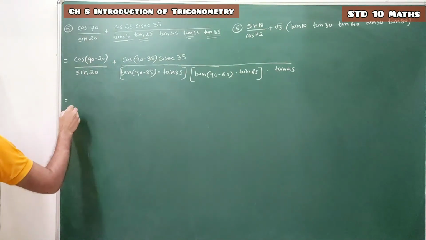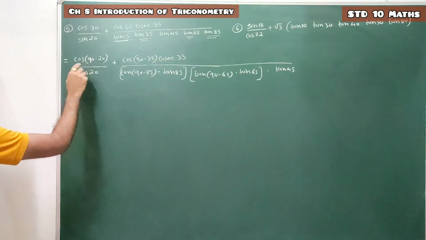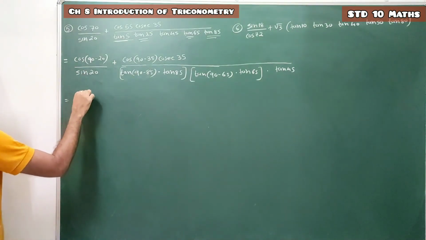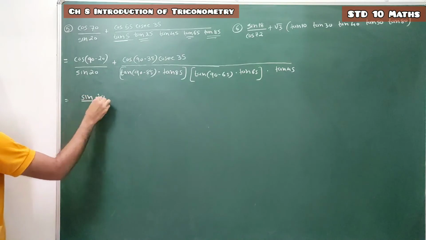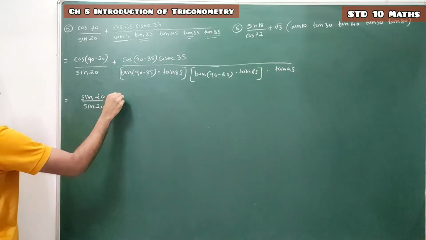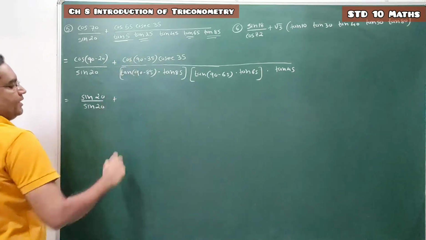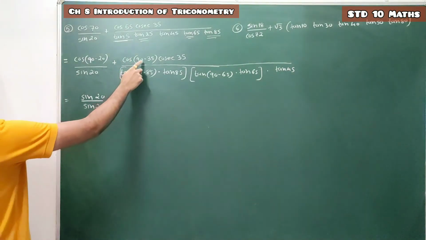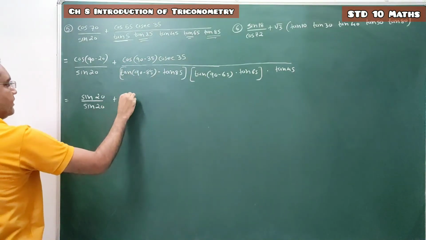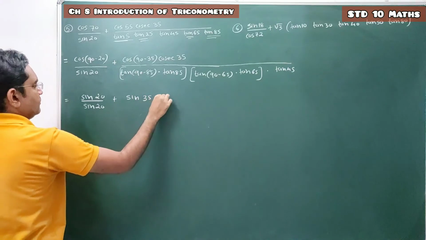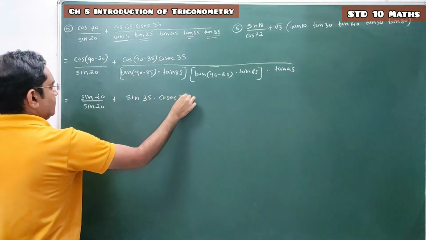Cos (90 minus 70). So it's the complement of cos, so it's sin 20 upon sin 20 plus cos (90 minus 35). For cos (90 minus 35), you have to put the complement of this cos, which is sin 35 into cosec 35.